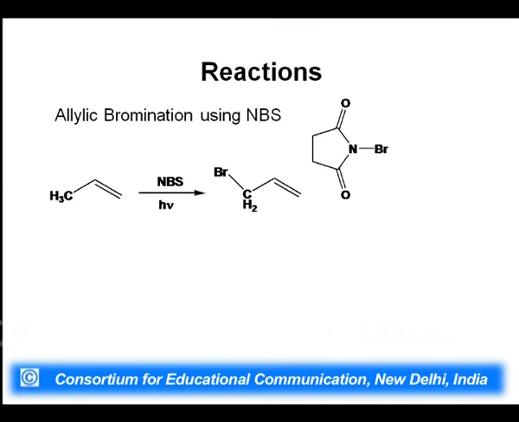This comes into the picture when we are doing post graduation, and we see the N-bromosuccinimide. This allylic bromination of propene or any other allyl group is happening through a free radical mechanism. So that is all about the application of the free radicals, and we would be discussing the other intermediate, carbene, in the next lecture. Thank you so much for your patience.